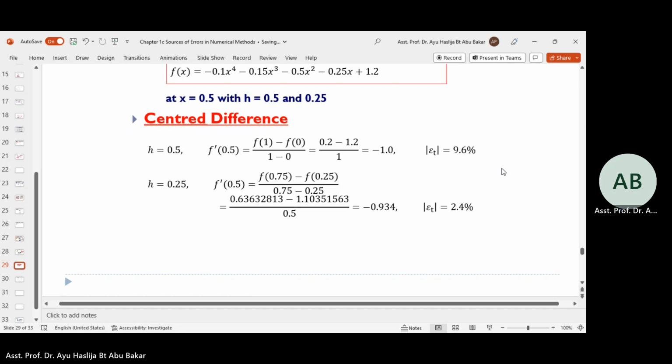Yeah, let's say your h is 0.5, x 0.5, 1, 0. So you will take the value for x and 1, 0 and 1. Okay, minus them. This is your x. 0.5 is your x.